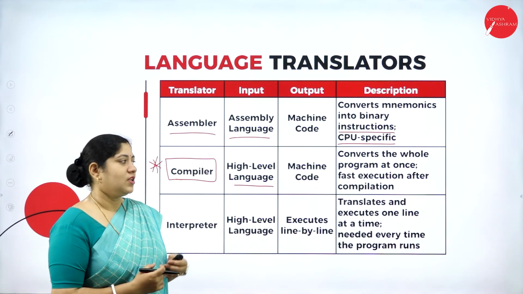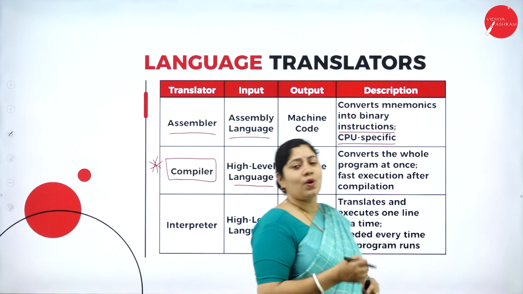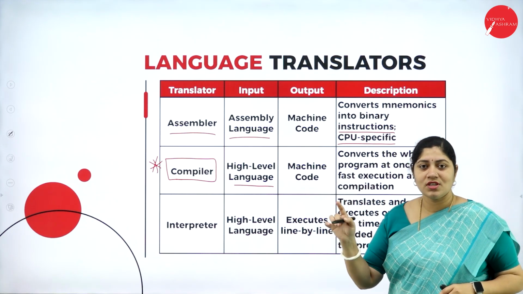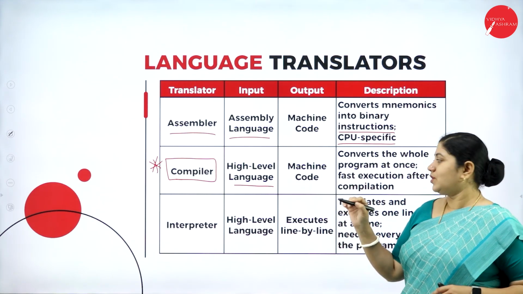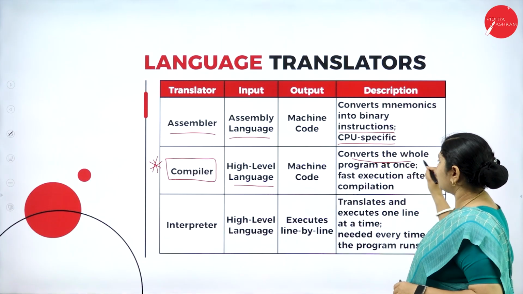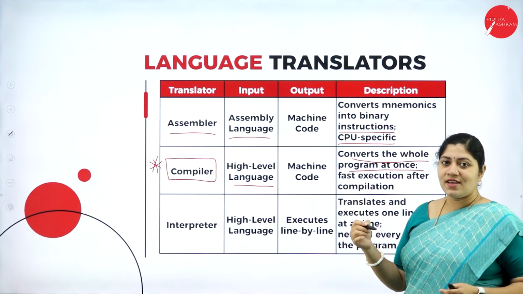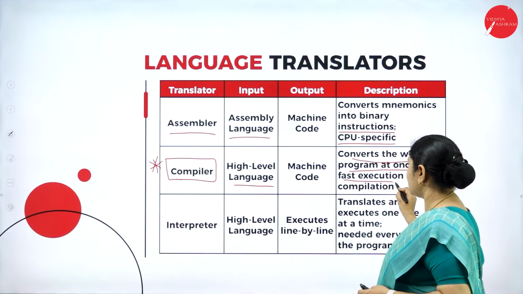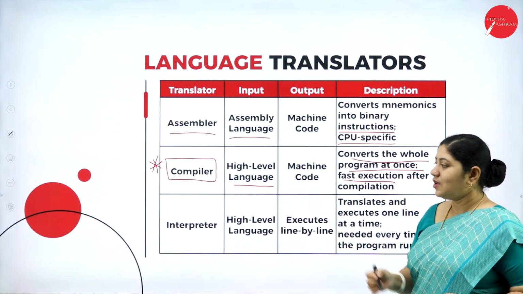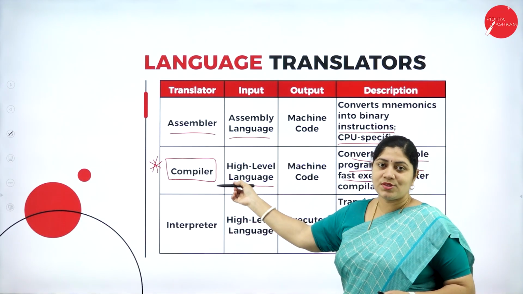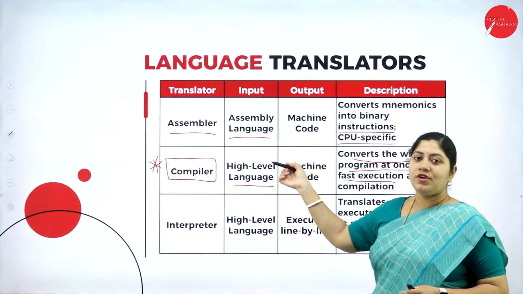It's because it converts the whole program at a single execution. So over here you can observe it converts the whole program at once. So we can say the execution is fast. That's the best translator we have.